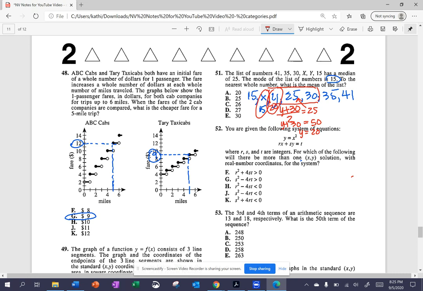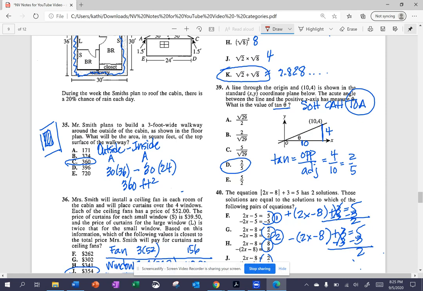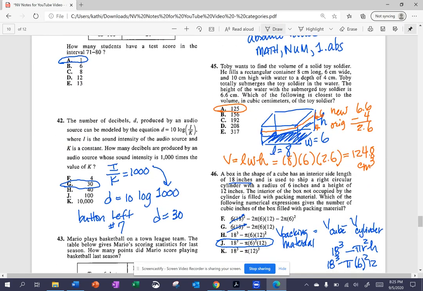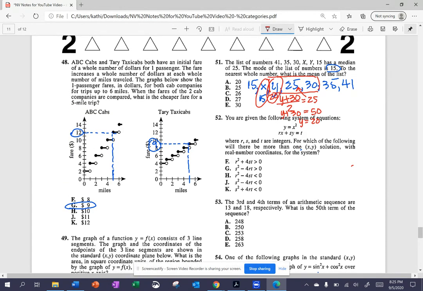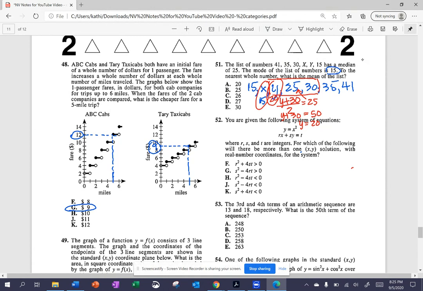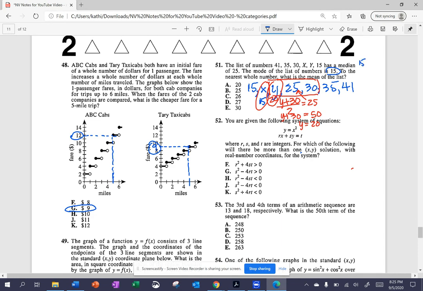Now I want to know what's the average of the list. So I'm going to add up all my numbers. So I add 15, 15, 20, 25, 30, 35, and 41. I'm going to add all of these up.